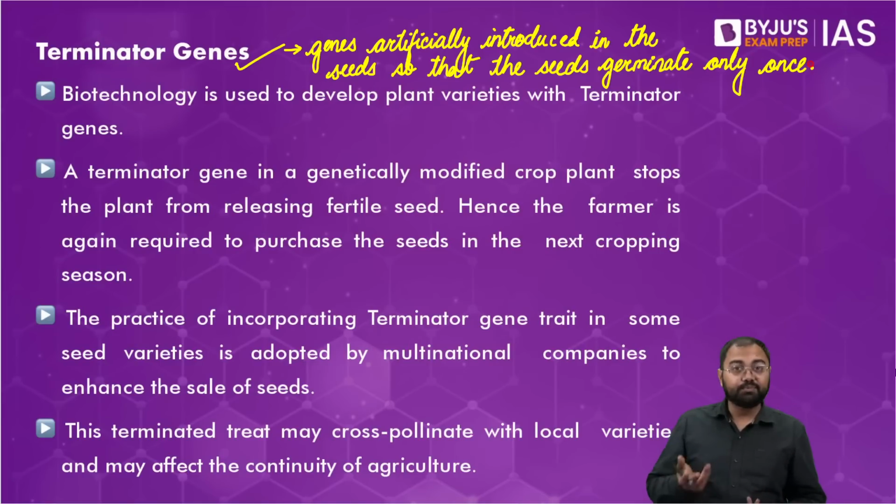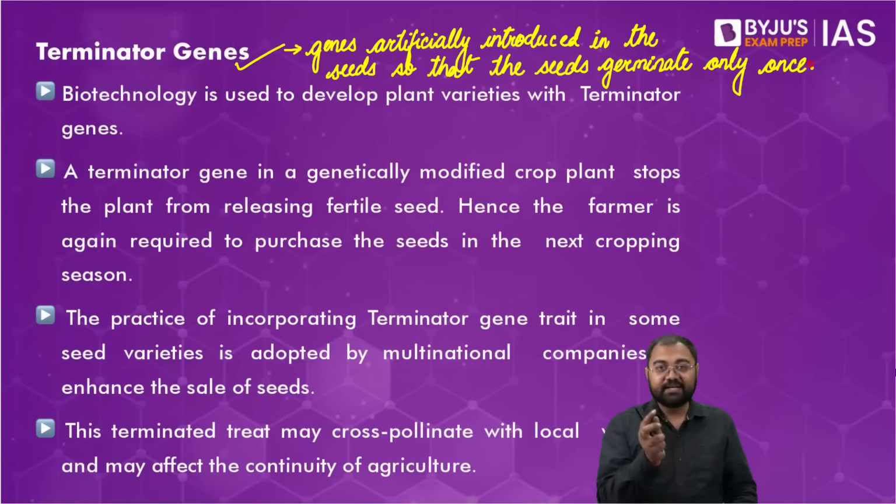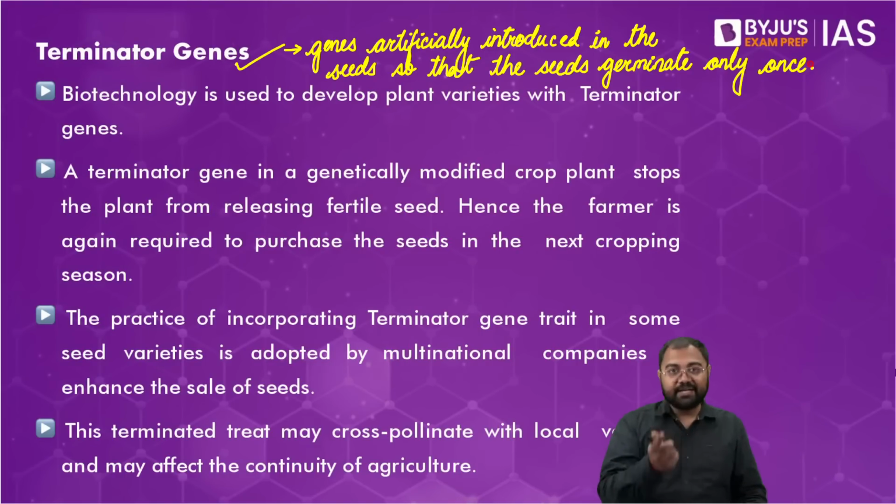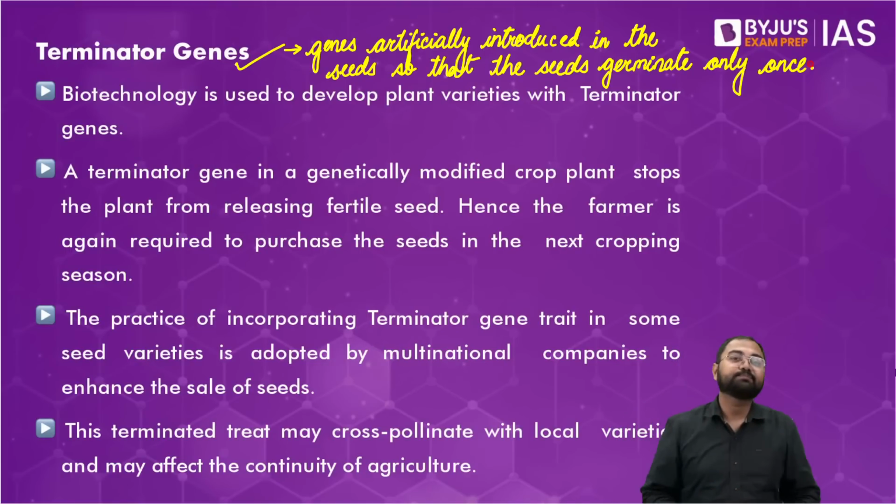Why? Because the company from where you had bought those seeds had used terminator genes. They did not obviously tell you, but they used terminator genes, so that the farmer has to come back to the company again and again to buy these seeds.